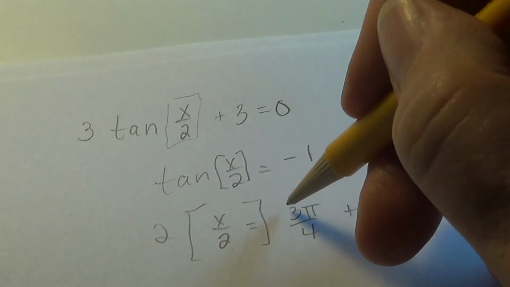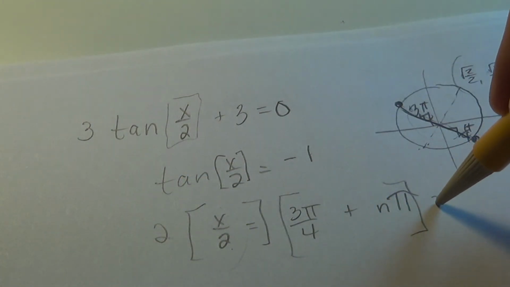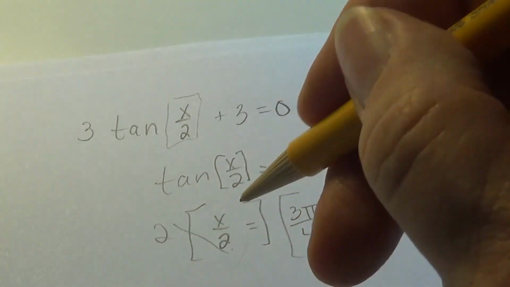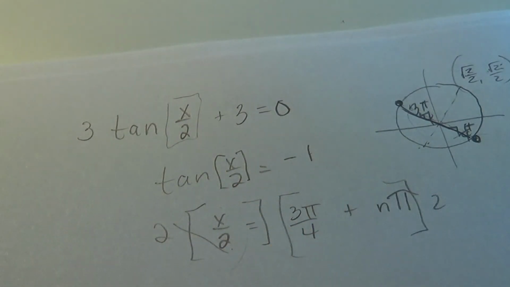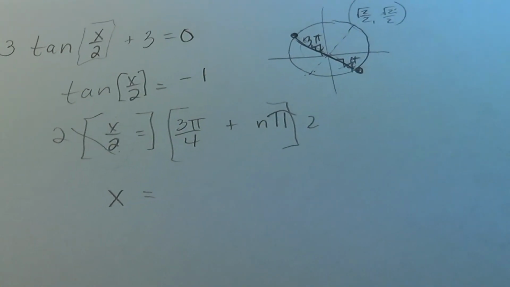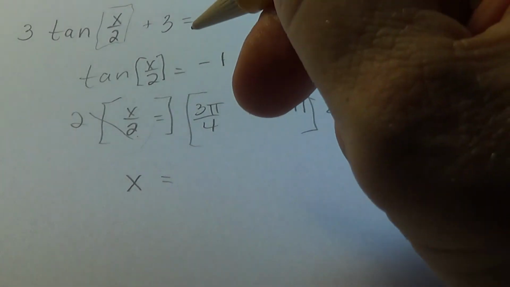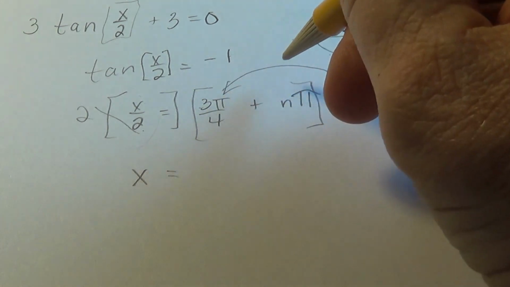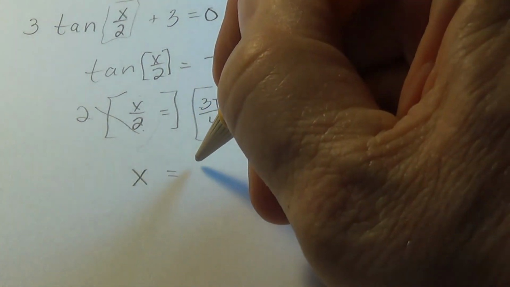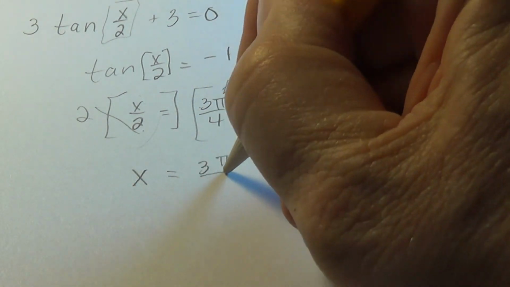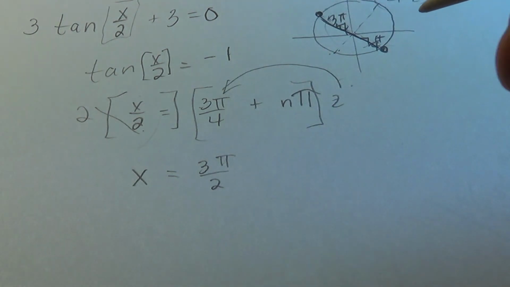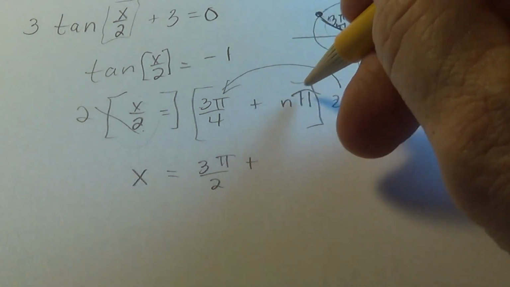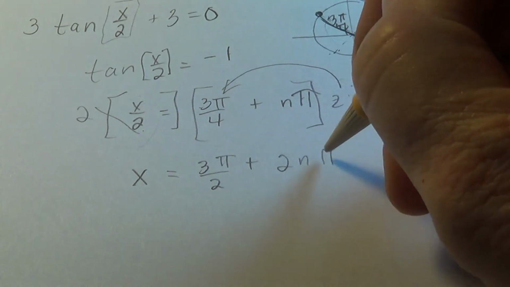So we multiply this by 2 and this by 2. So we end up with x equals 2 times 3 pi over 4, which gives us 6 pi over 4, or 3 pi over 2 when I reduce it, plus 2 times n pi, which is 2n pi.